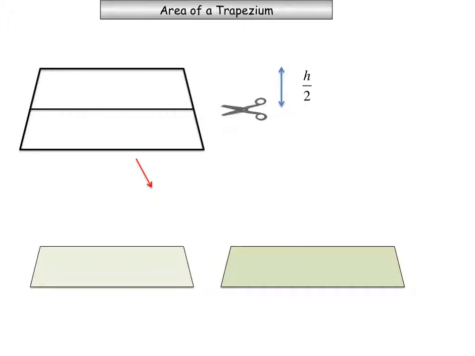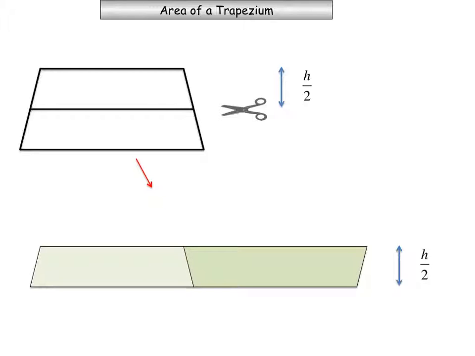We can translate it, we can reflect it, and then translate it to join it back onto the top half. And then we've got a perpendicular height of H on 2 here.